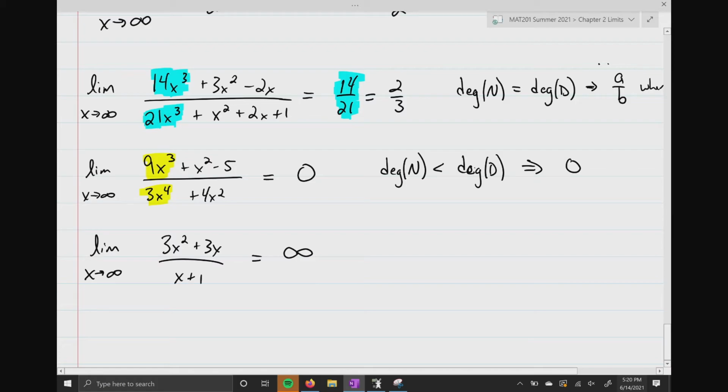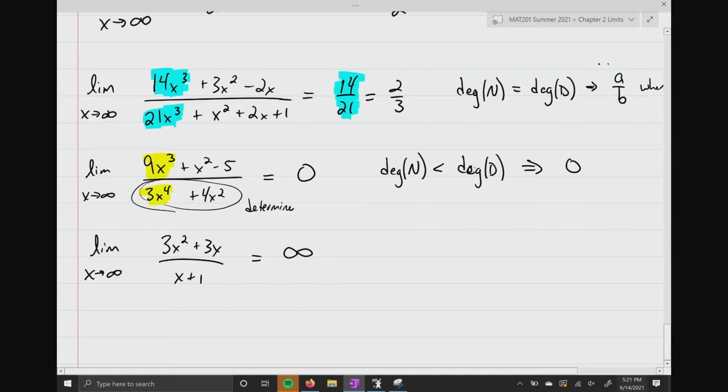Always. Because the numerator is going to get large, but the denominator gets larger much faster. So this is going to determine the behavior, because that 3x to the fourth is going to overrule x to the third every single time.